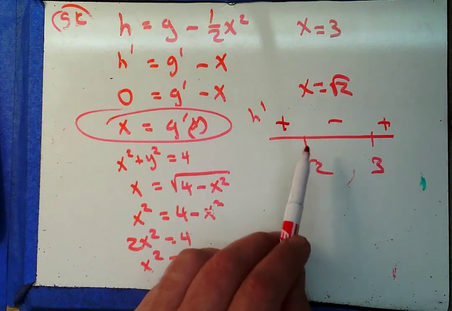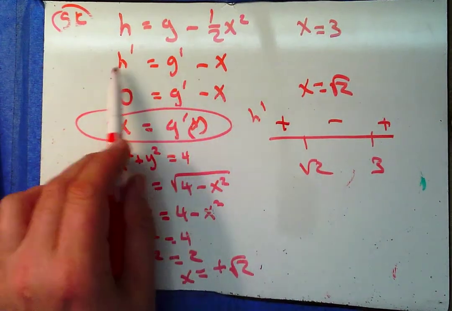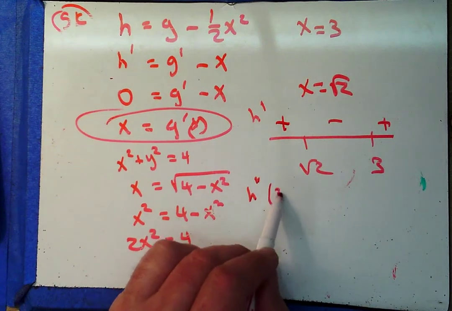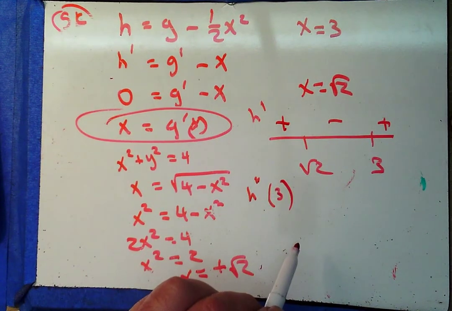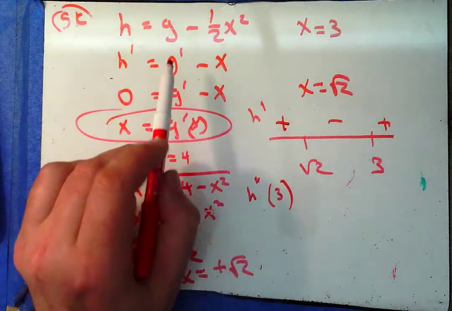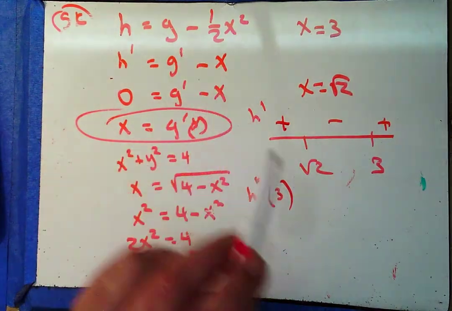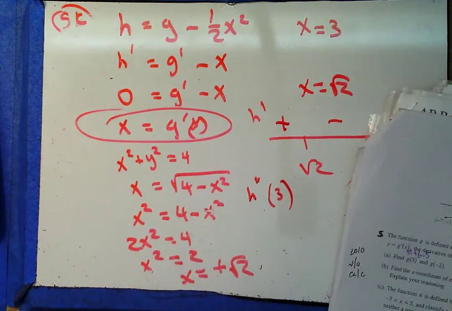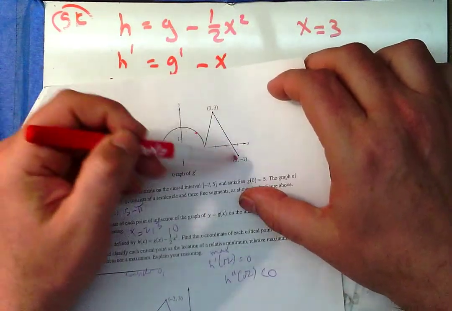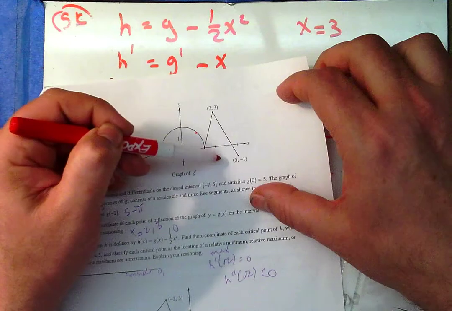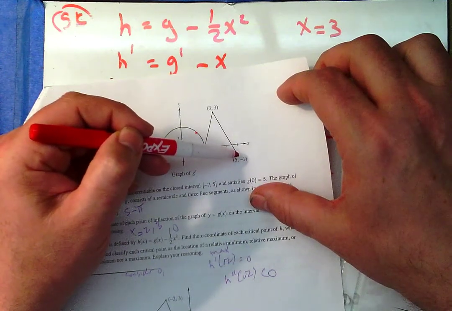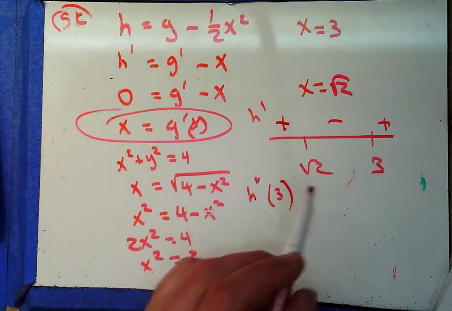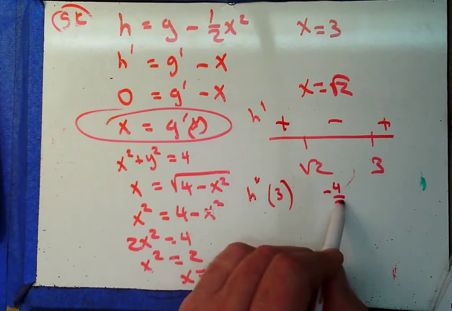You know, we know h prime is equal to 0 at these points. What about h double prime at 3? Well, h double prime at 3 would be g prime minus 1. And g prime is the slope here. Well, the slope here, we go down 4 and over 2.